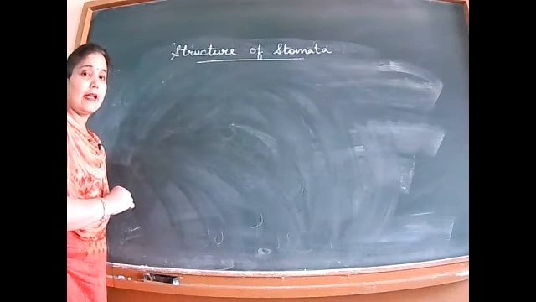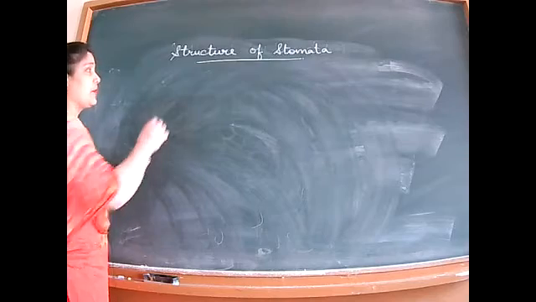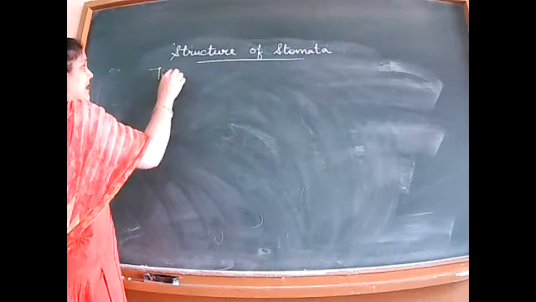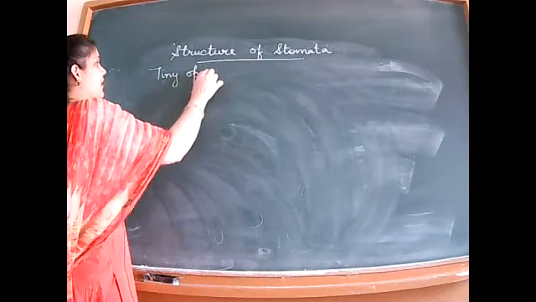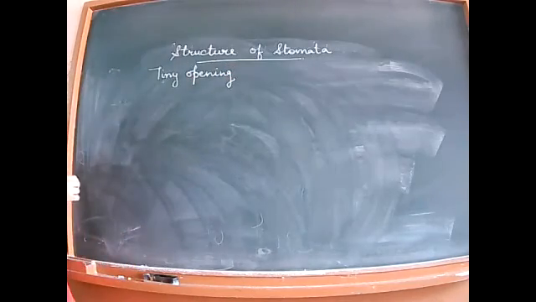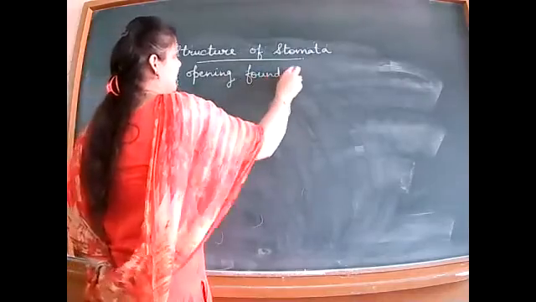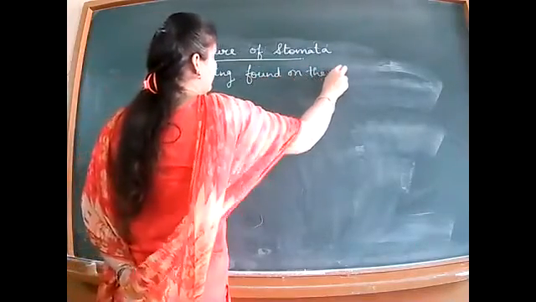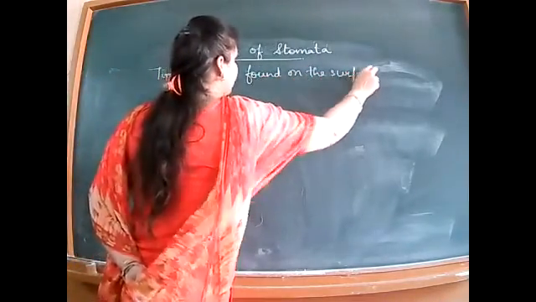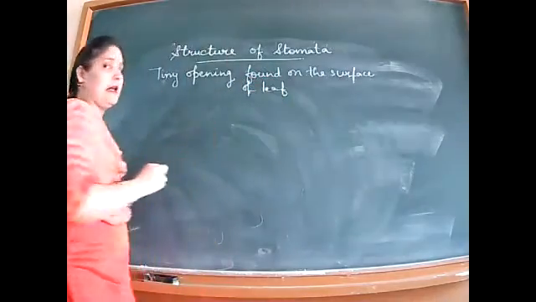Stomatas are the tiny openings present or found on the surface of the leaf, or on the green parts, like the green stem. So that is the stomata.